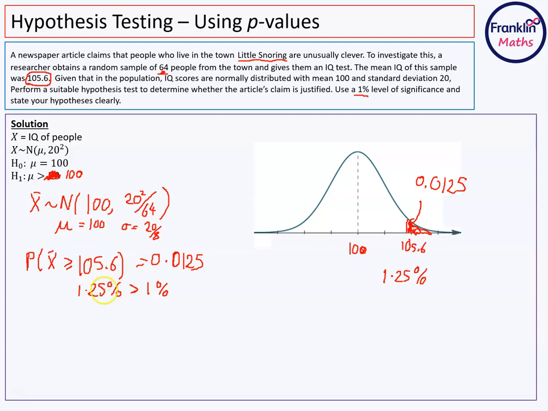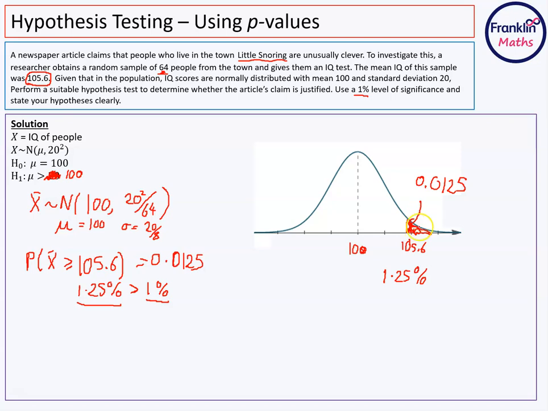Can you remember from what we did last year what the statement was going to be? Let me put a bit of context in it. If it had been at 1% or lower, we would have rejected H0, because if you think about it, the further you get away from the mean, the lower this probability goes. If we're looking at 1.25% and the 1% was the critical region cutoff here, this actually lies in the acceptance region.